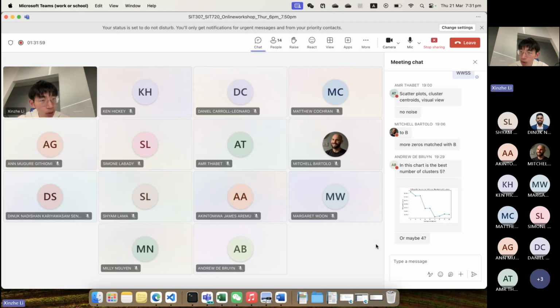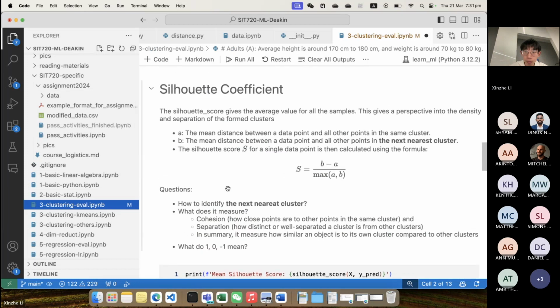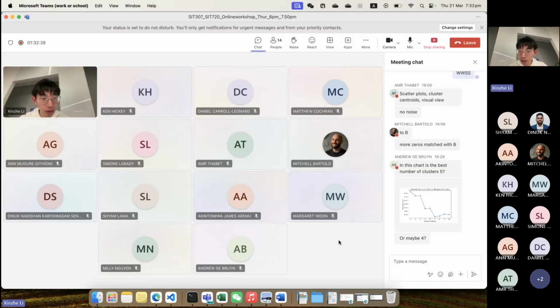To answer this question, just review what I told you before. What's the silhouette score? How do I calculate the silhouette score? Can anyone tell me, is it reasonable to choose 4 as the best answer? For the silhouette score, you choose the highest value. Is that correct? Wait, who said it?